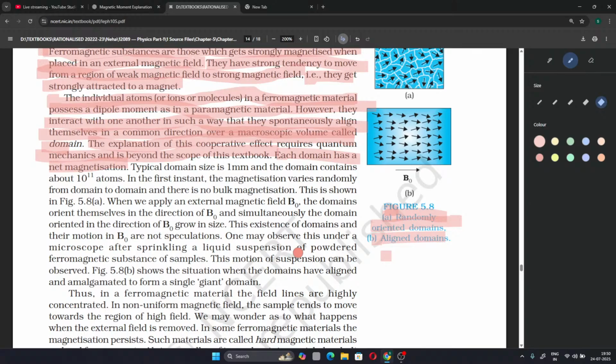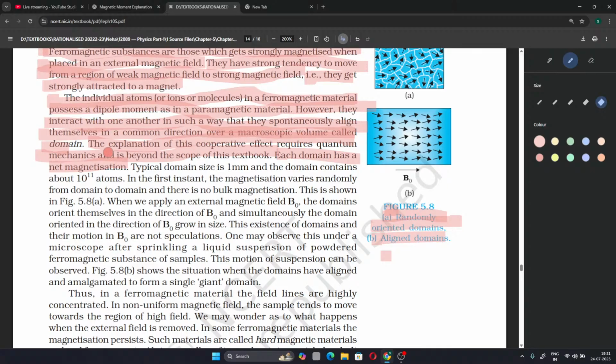These individual molecules interact with one another in such a way that they spontaneously align themselves in a common direction over a macroscopic volume called a domain. This is the confusing point here.